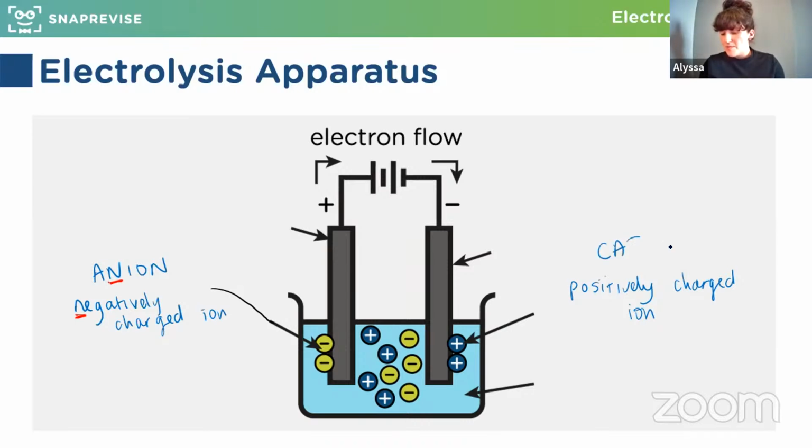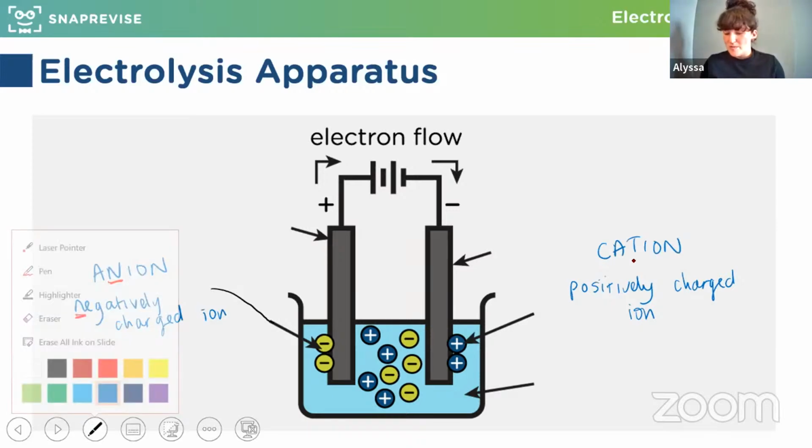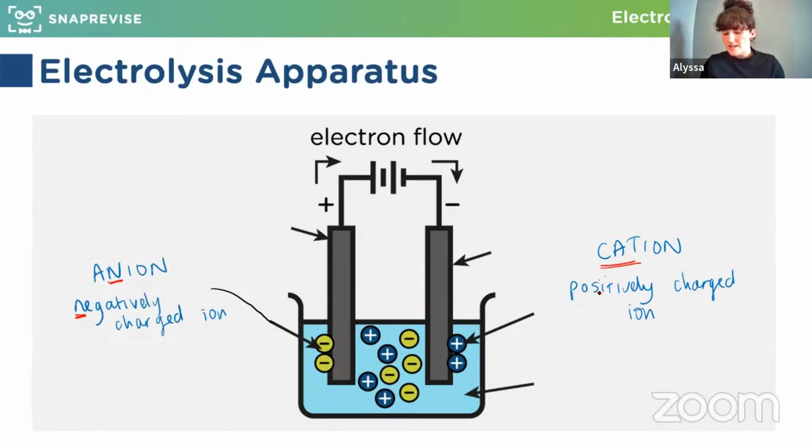And how do we remember that one? I always remember it. A cation is positive. Some other people call it paws-itive, as if they've got paws. That's another way to remember it as well. So that's the way to remember which is which, an anion and a cation. An anion is negative and a cation is positive.